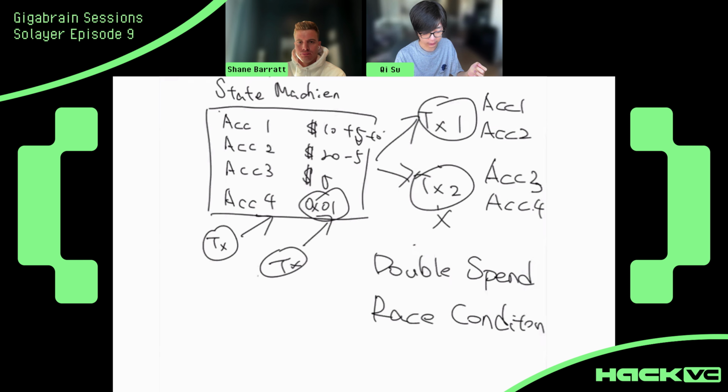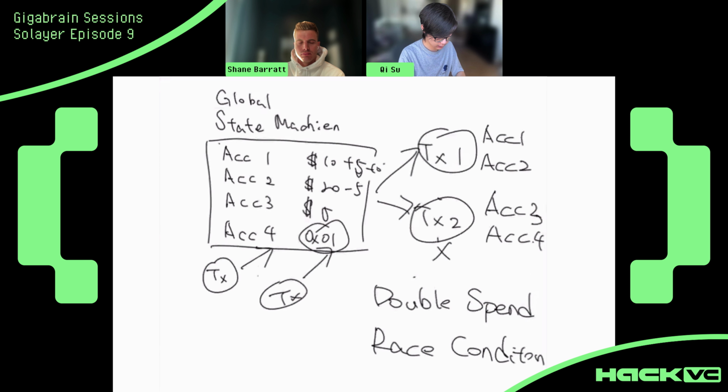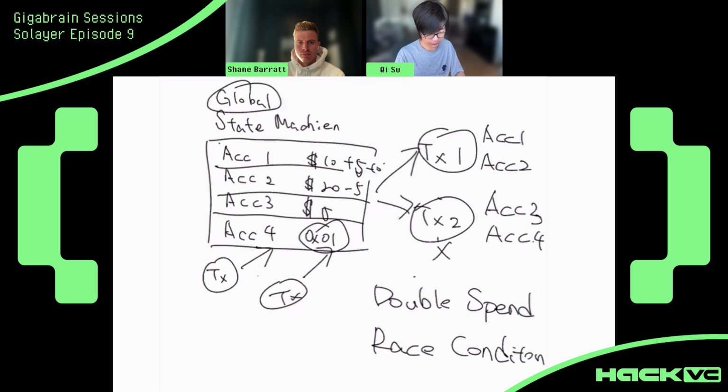You don't care about the order of transaction 1 or transaction 2 as long as they execute and no other transactions mess up with accounts 1 to 4. That's the concept of parallelism. Instead of having this global state machine, we split the global state into more granular, smaller states that a transaction can access.